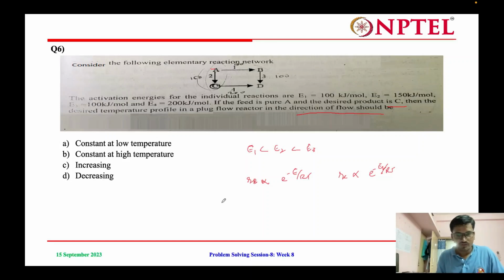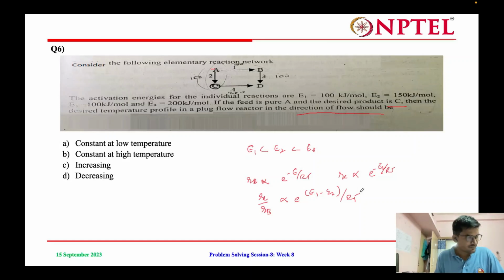Now take rC by rB, which is proportional to exponential of E1 minus E2 by RT.